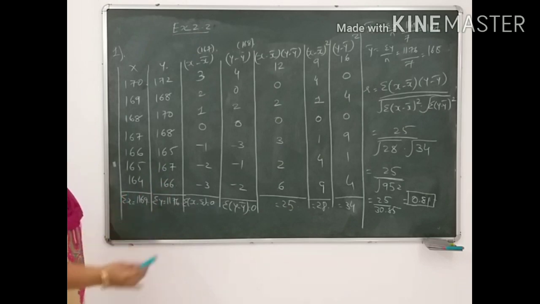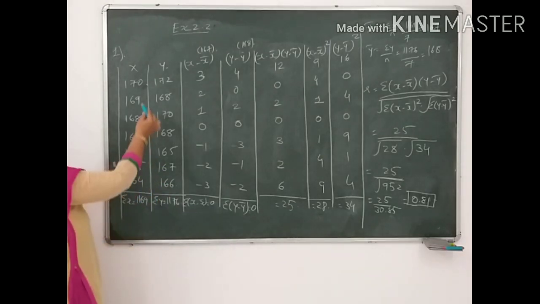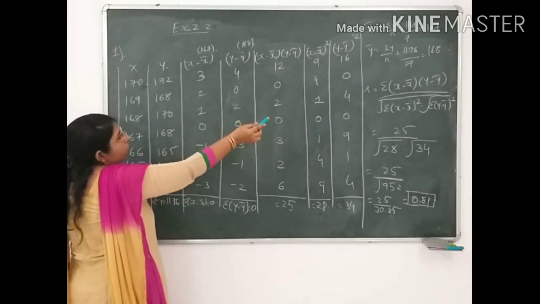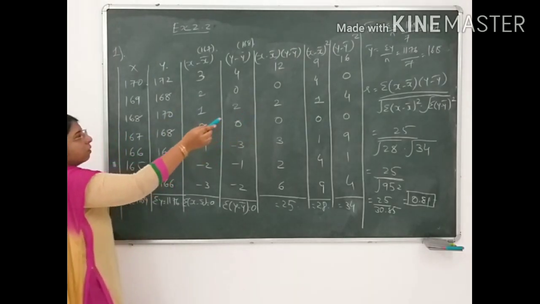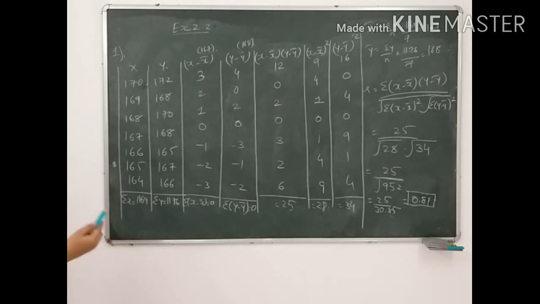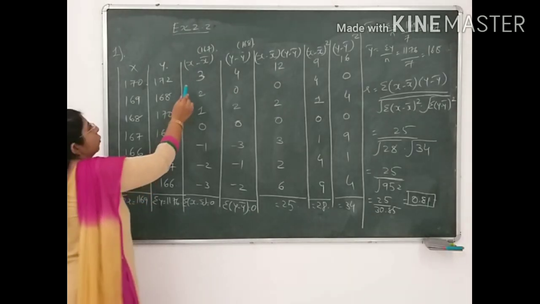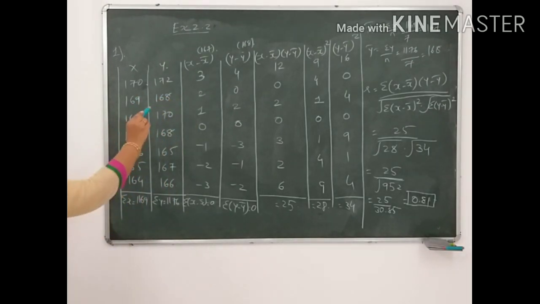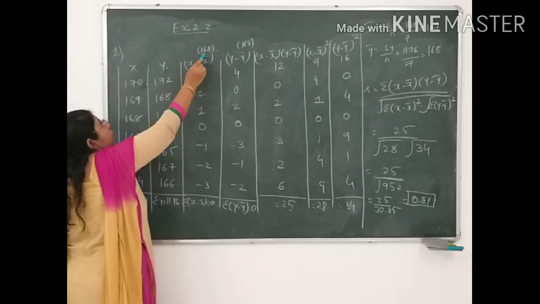So now moving on to the practical part of it. After finding the x bar and y bar, the next step, according to the formula, will require x minus x bar, y minus y bar, (x minus x bar) whole square and (y minus y bar) whole square. So first of all, we'll find out x minus x bar. X bar value came, that is 167. So I have placed over here 167.